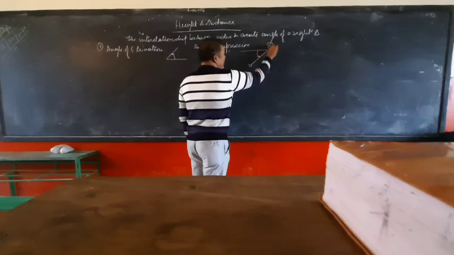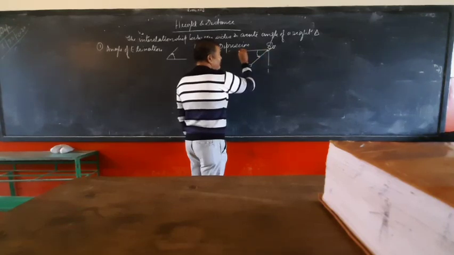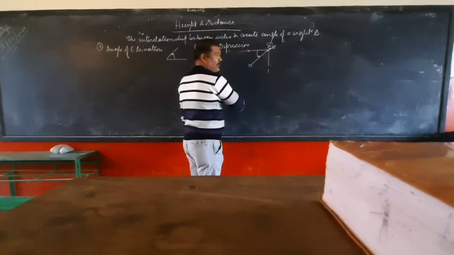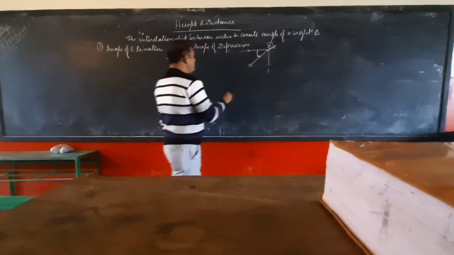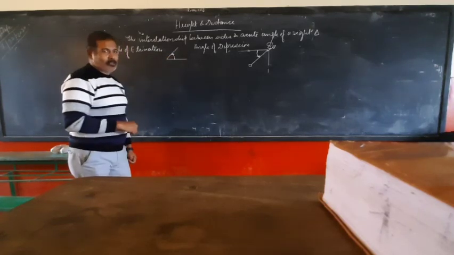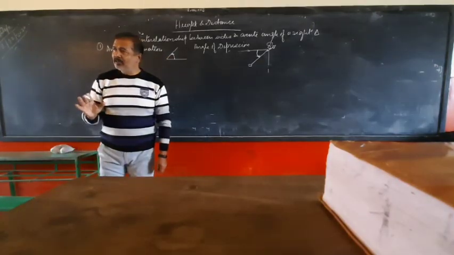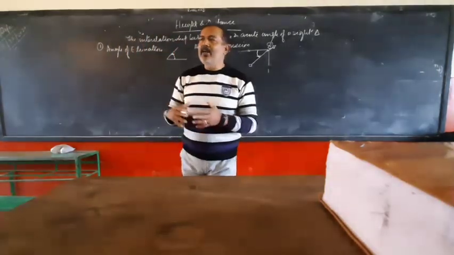So from here, if you watch the angle of depression, then this one is your imaginary line. ये क्या हो जाएगा आपके लिए? Imaginary line हो जाएगा। The angle of depression is falling downwards, the angle of elevation is upward. Okay, यही दो टर्म आपको बेसिक टर्म मिलेंगे.